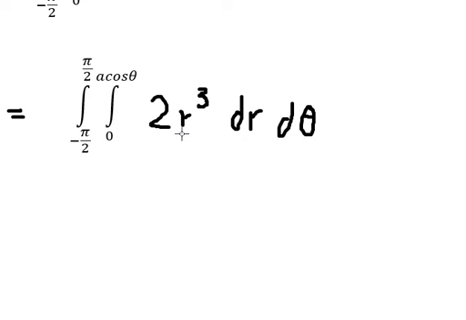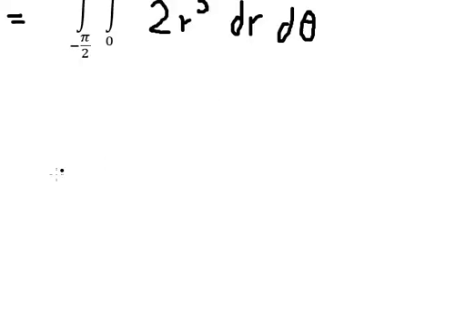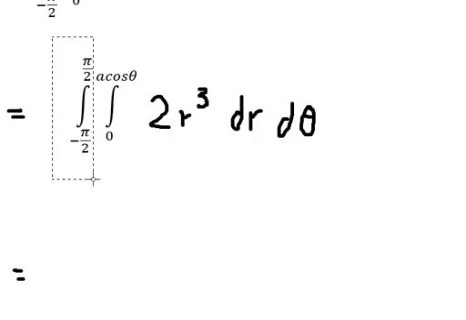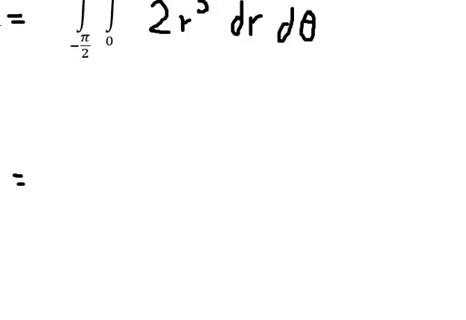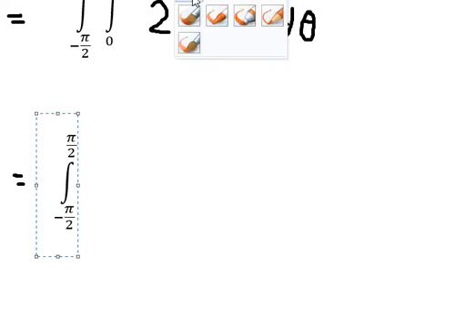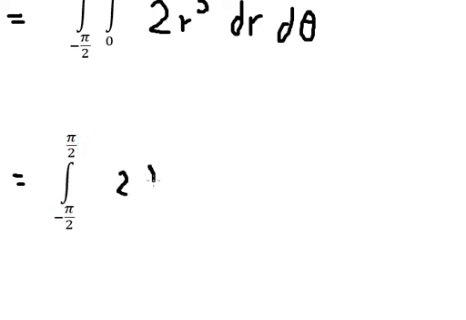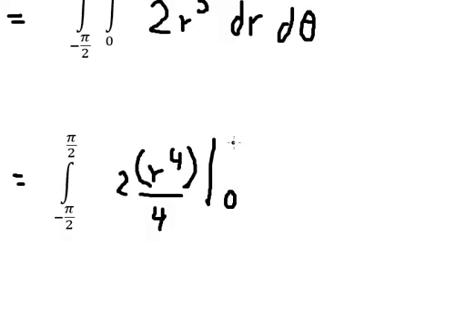So the integration of r to the power of 3 dr in here, we will have r to the power of 4 over 4. And we put the bounds from 0 to a cosθ.